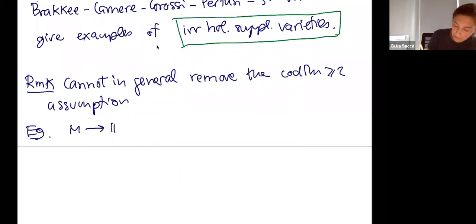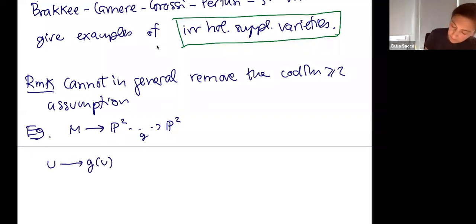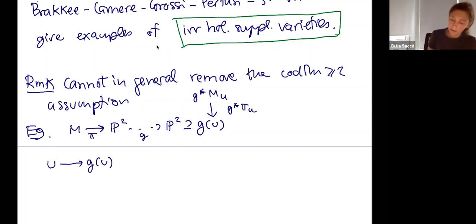Suppose I start with a Lagrangian fibration over P2, and I take a non-trivial Cremona transformation G from P2 to P2, and suppose U is the largest open set where G is an isomorphism, and so I have G of U here, and over U I can pull back the restriction of the fibration to U. I call this map the pullback of pi restricted to U. The complement, of course, has codimension 1.